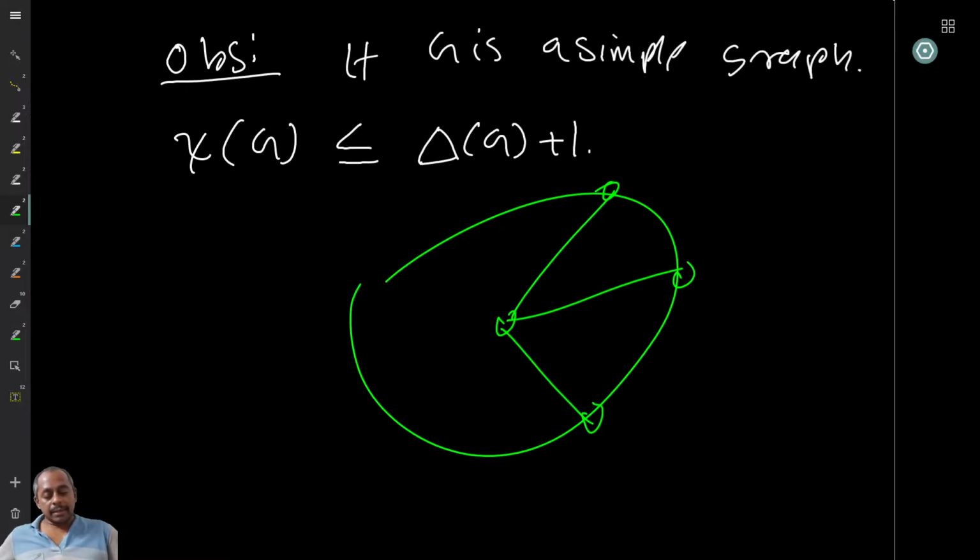So let us say that the vertex is u and its degree is d, right. Now, I have already picked this vertex, and now I want to color it with some color. Right? So I want to associate some color to this vertex.